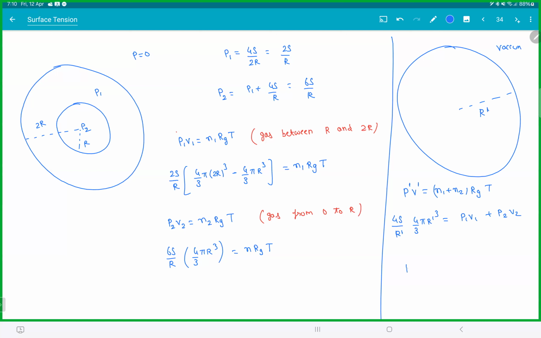Substitute, and you will get R dash from here. I'll leave the working to you. Clear? You know P1 V1, you know P2 V2, substitute there and you'll get the answer.